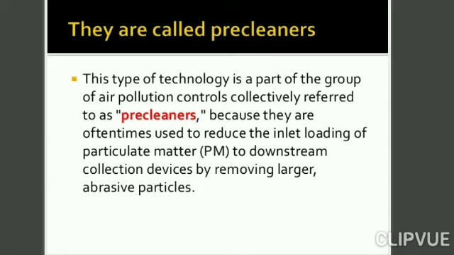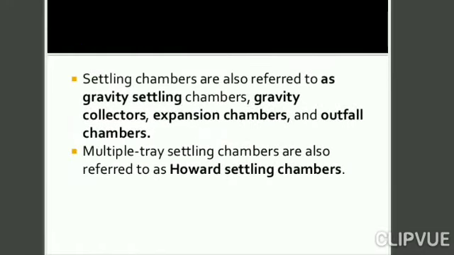This type of technology is part of the group of air pollution controls collectively referred to as pre-cleaners, because they are often used to reduce the inlet loading of particulate matter to downstream collection devices by removing larger particles.